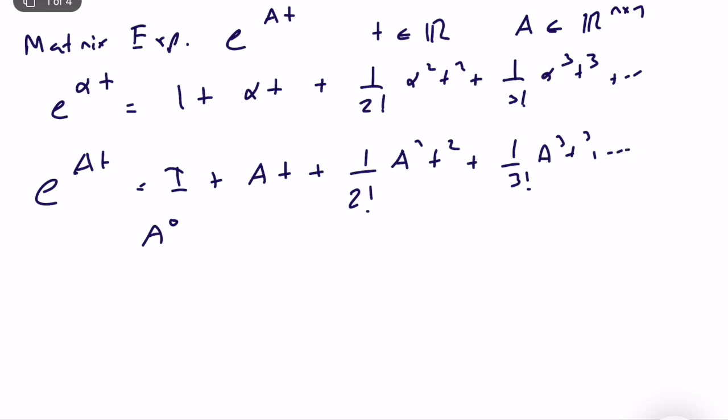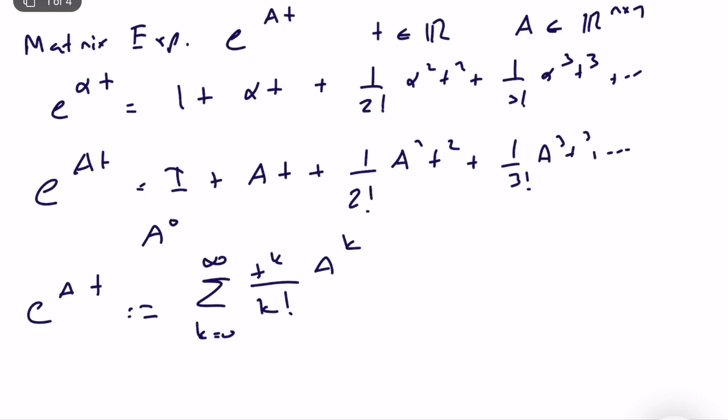So we can write it in a more compact form. e to the power At is equal to, this is technically a definition, the sum for k from 0 to infinity of t to the power k divided by k factorial, times A to the power k. So this is the matrix exponential.